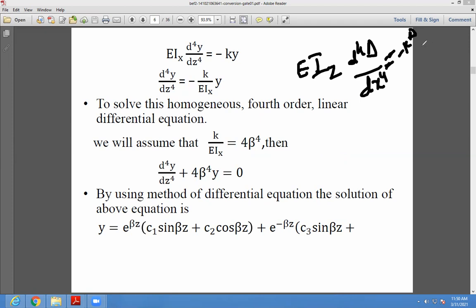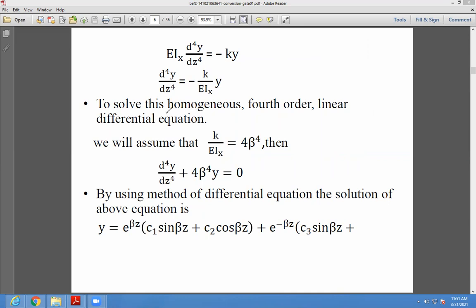Yesterday we discussed this. So EIX d4y by dz4 is equal to minus ky, so k by EIX into y.